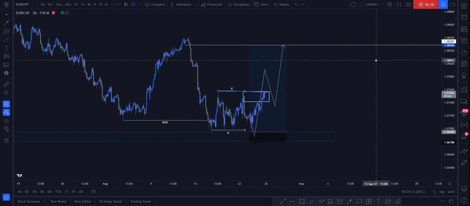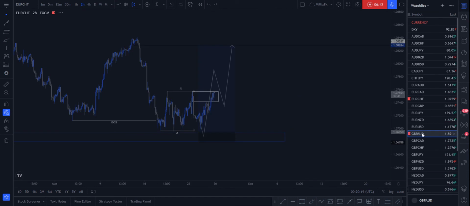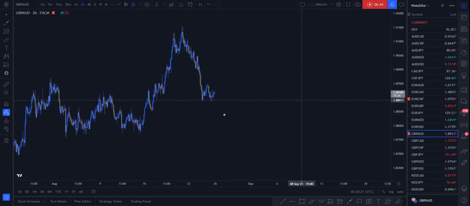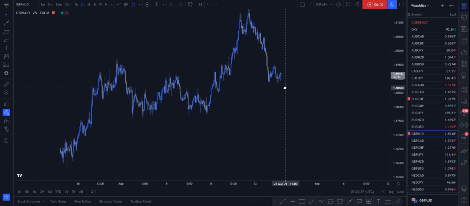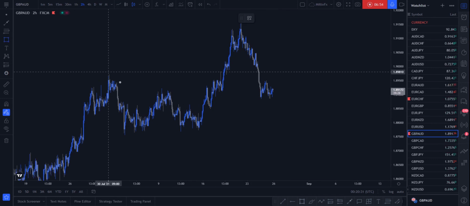So let's look at, not my last pair actually, let's look at AUD USD. On AUD USD, you can see we are in an uptrend on the 2 hour time frame. Price doesn't seem to go anywhere.